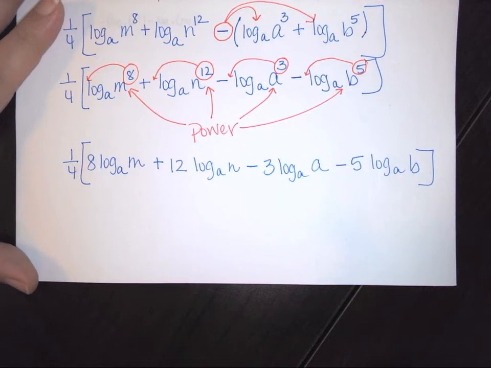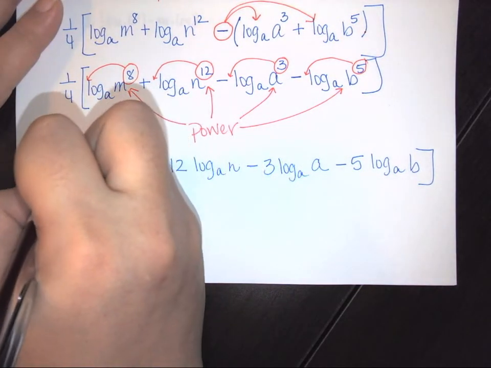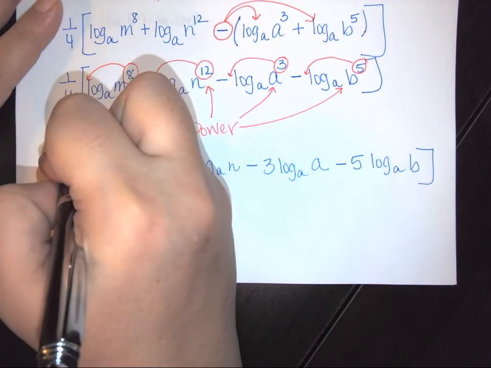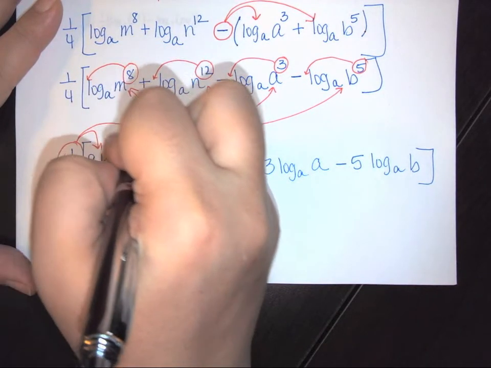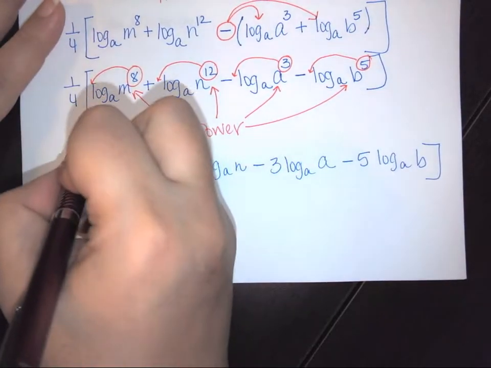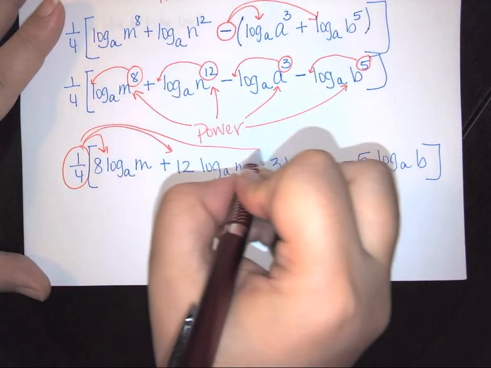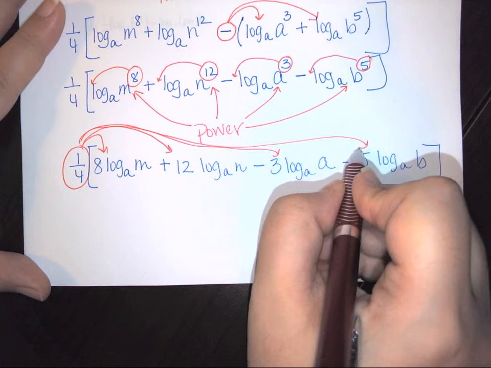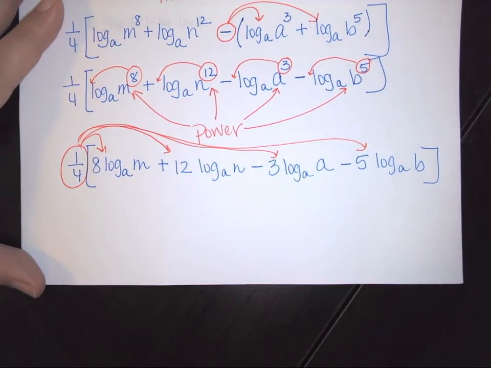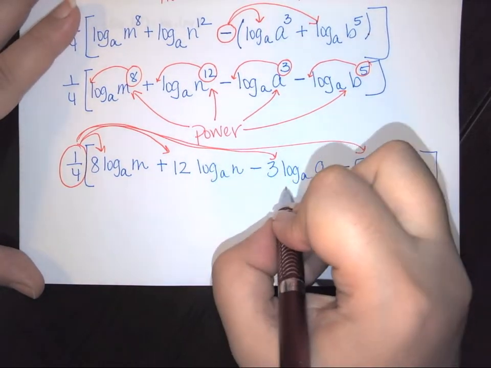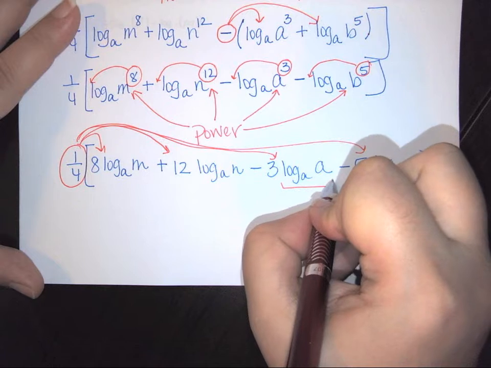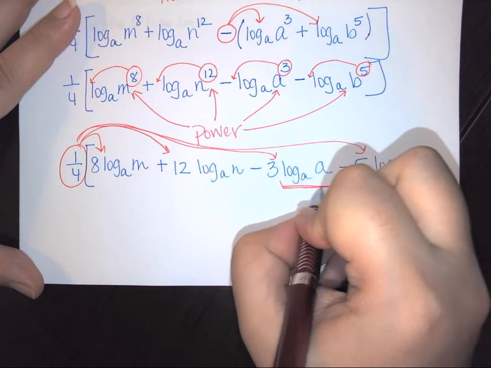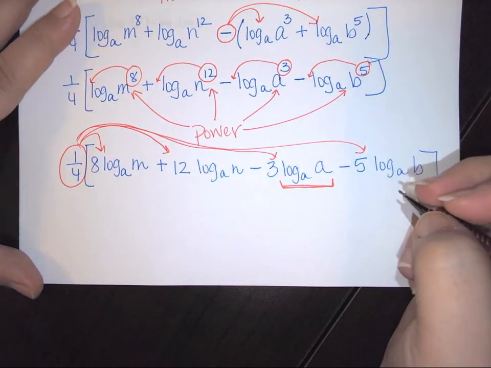Now the last thing that has to happen is this 1/4, so this right here, now has to be distributed into all 4 parts of your equation, as well as this right here is going to follow one of our rules.